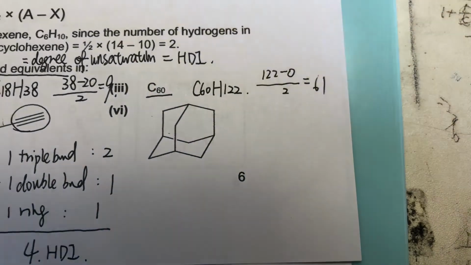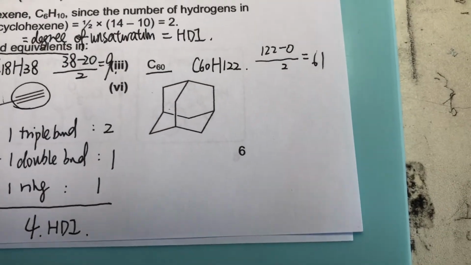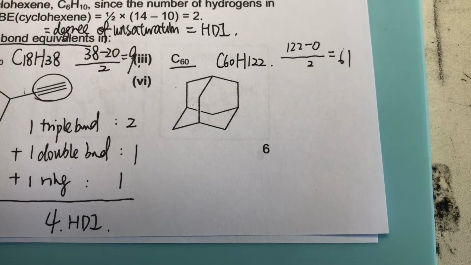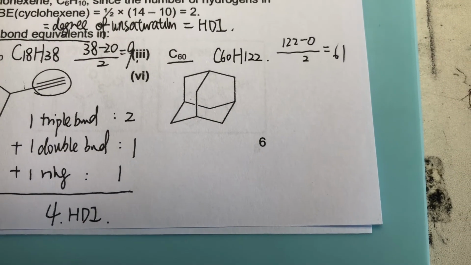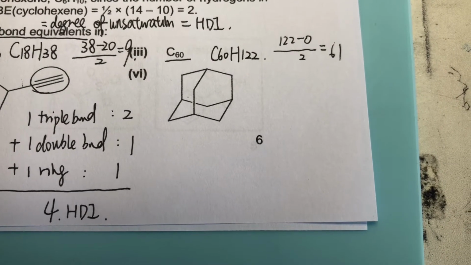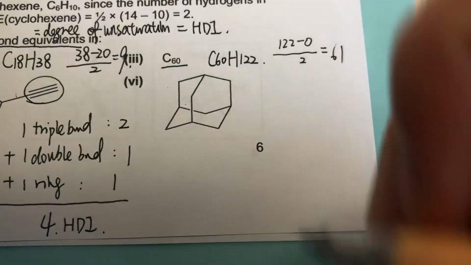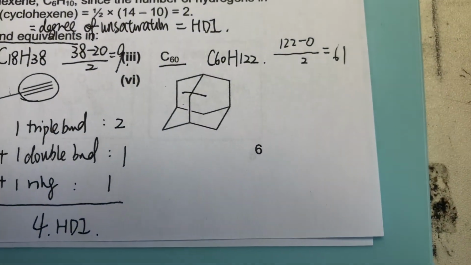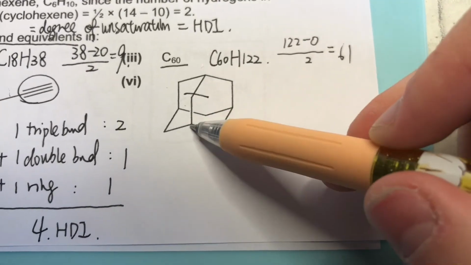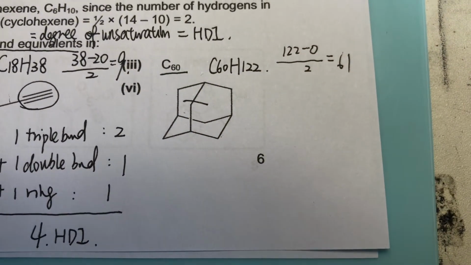How to see a molecule like this is a bit complicated, but I'll tell you a method: count how many cuts you need to make in order to let this molecule be linear. We can see if we make 1 cut, there are still 2 rings present. So it's still not a linear structure.